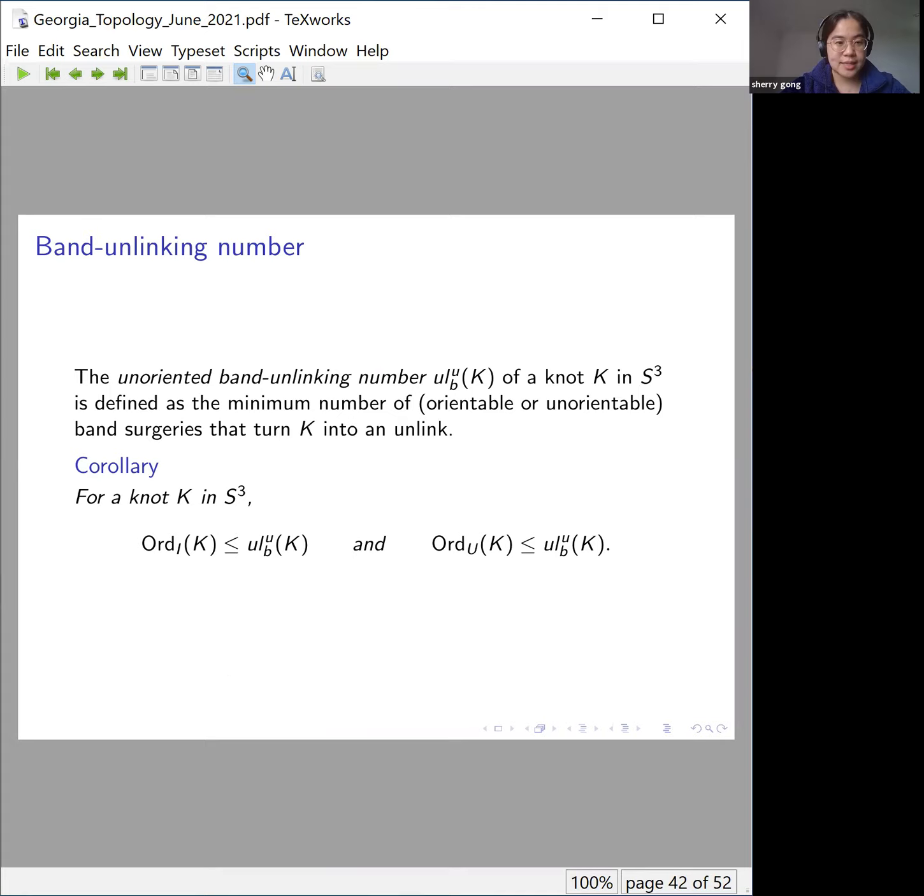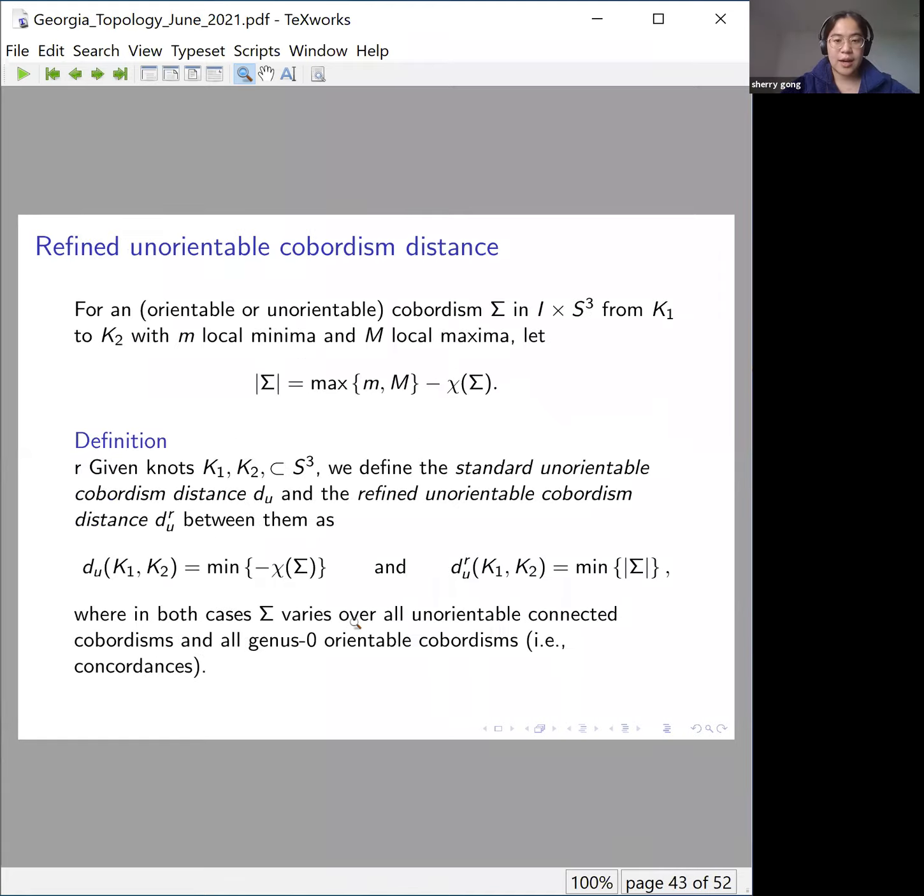And then the other corollaries I want to talk about are all about this thing that we're calling the refined unorientable cobordism distance.